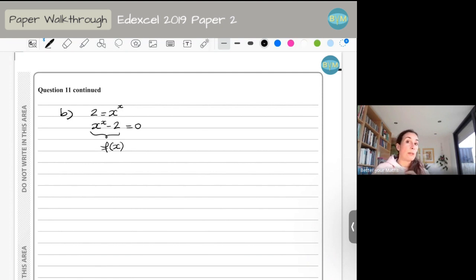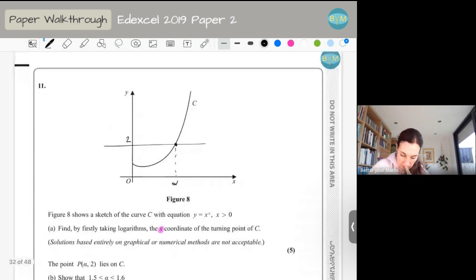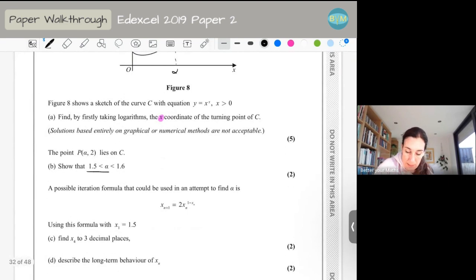That's why we are using the f of 1.5 and the f of 1.6. We are going to see if the sign changes.